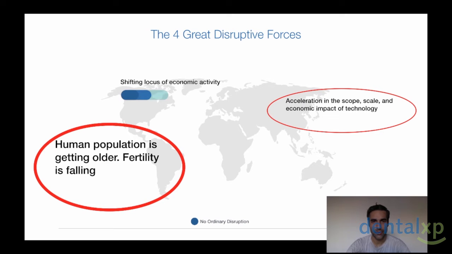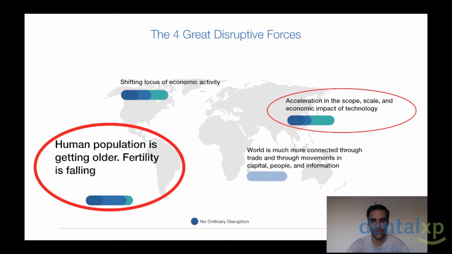The first thing that I would like to tell you is that if you read the book No Ordinary Disruption, there are four great disruptive forces that are changing the world that we're living in. From these four great disruptive forces, there are two that have a direct impact in dentistry.